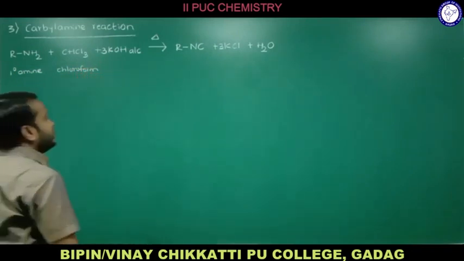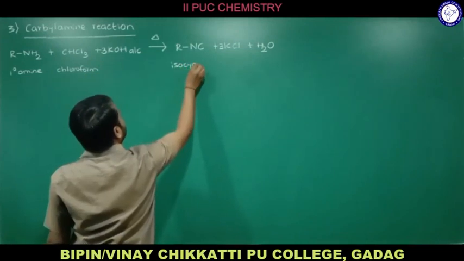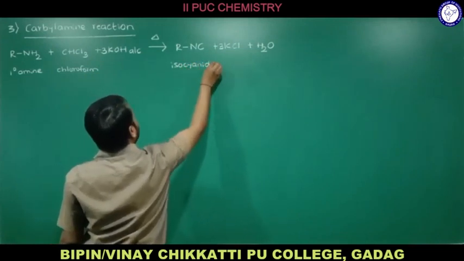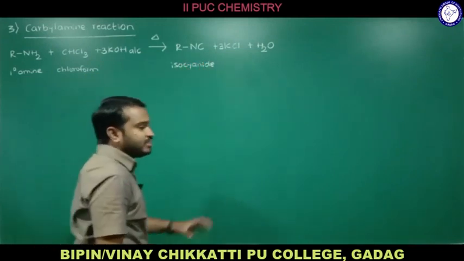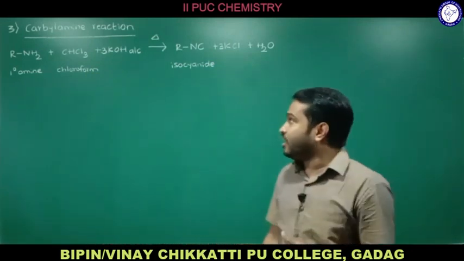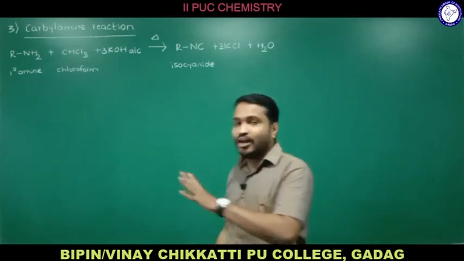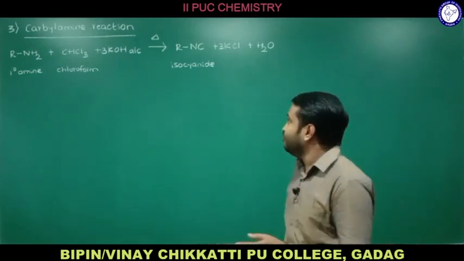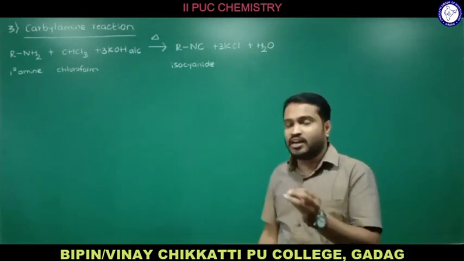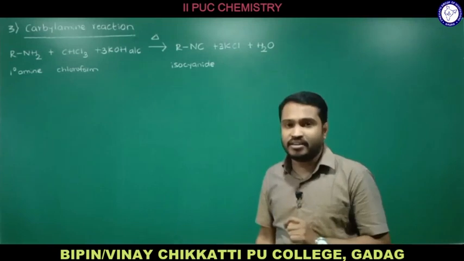KOH stands for potassium hydroxide, we know, and this will be the isocyanide. And isocyanide you can call a carbylamine also. So this is how, when a primary amine is heated with chloroform and alcoholic potassium hydroxide, we get isocyanides or carbylamines, and this reaction is called the carbylamine reaction.